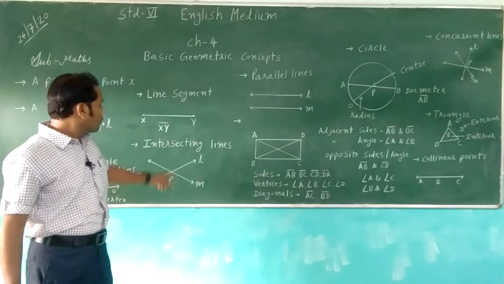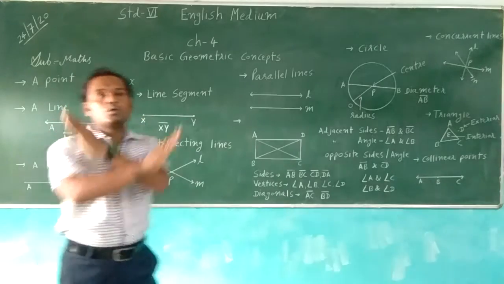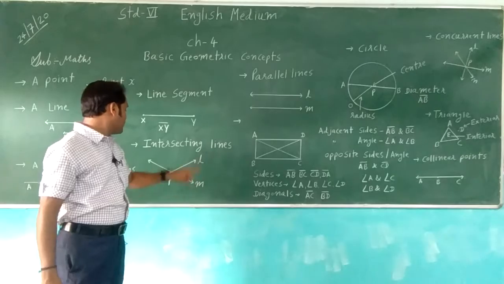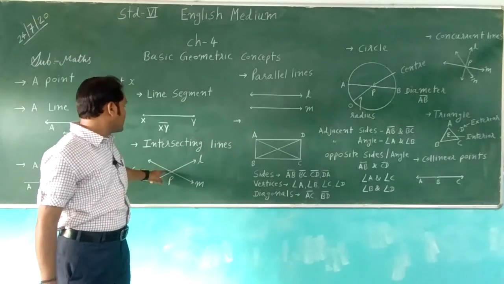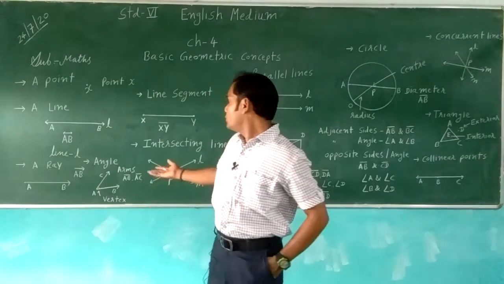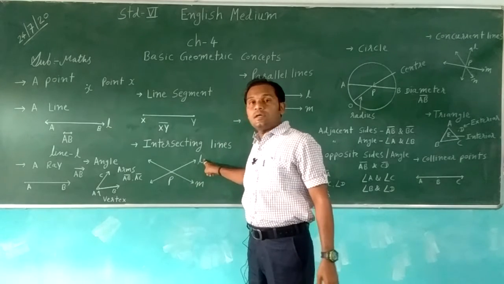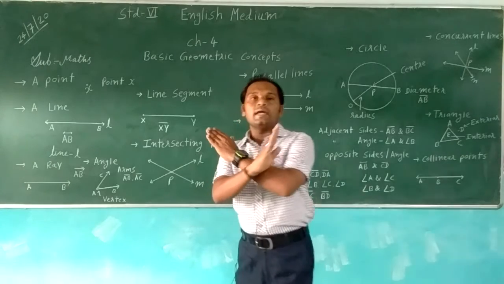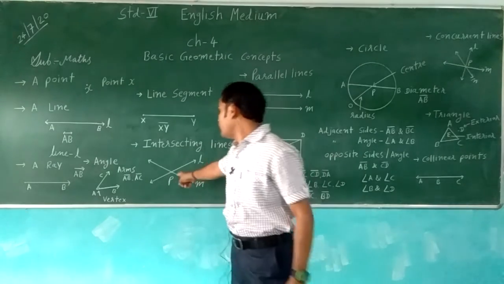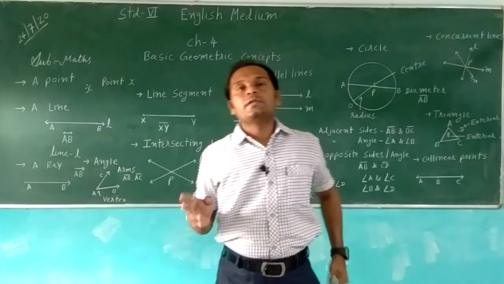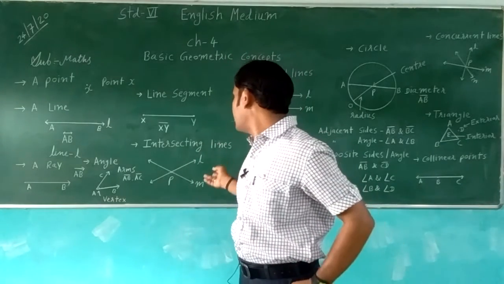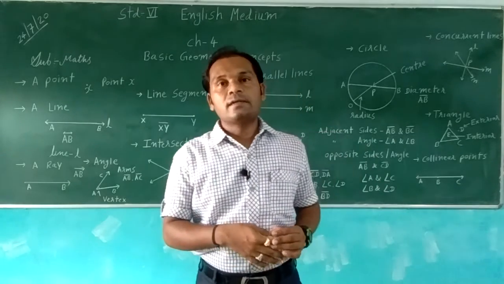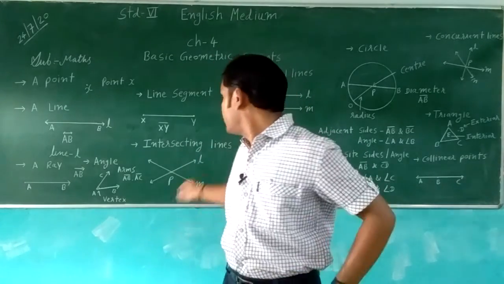You can see two lines intersect, line L and line M. Both lines intersect at point P. P is called the intersecting point of lines L and M. So these both lines are called intersecting lines and they intersect at point P.